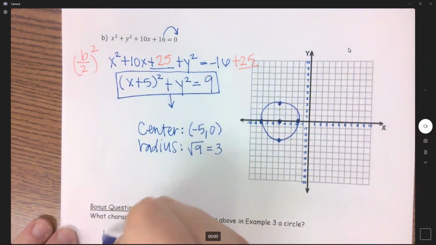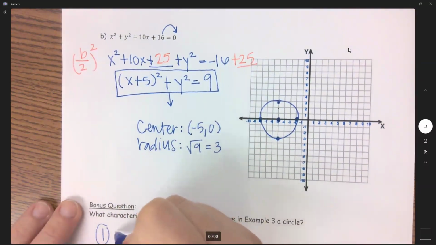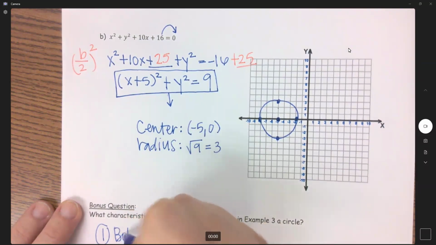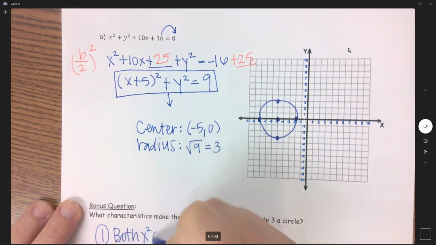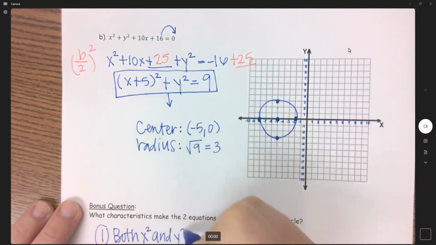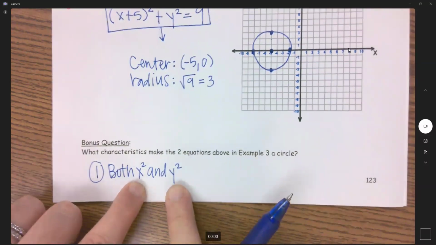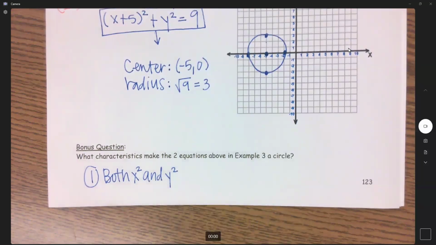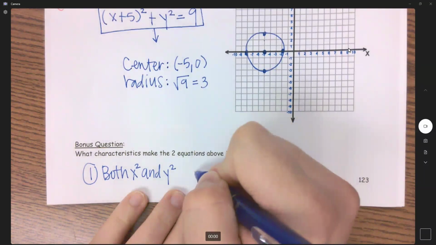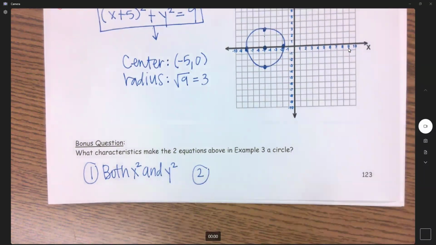Well, the first thing is we have both x squared and y squared. So when you have both x and y squareds, that tells me it's either hyperbola, parabola, nope, not parabola at all. It tells me it's either hyperbola, circle, or ellipse. So next, I want to look at the signs.